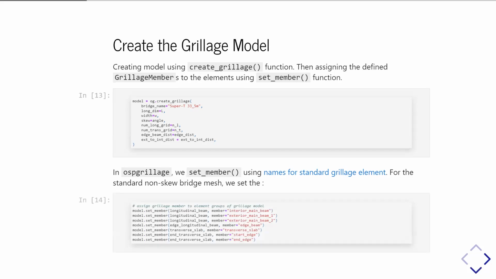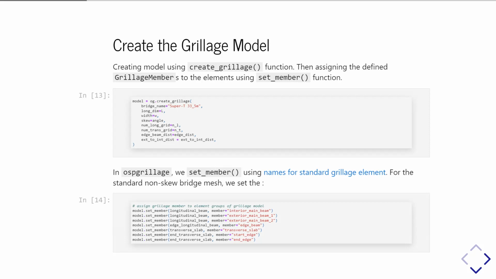How we do that is, again, a simple set member function. The unique thing about what we do here in ospgrillage is that we have a set of standard grillage element names. What you see here under line 14, interior main beam, exterior main beam 1, exterior main beam 2, edge beam, etc. These are the standard grillage elements.